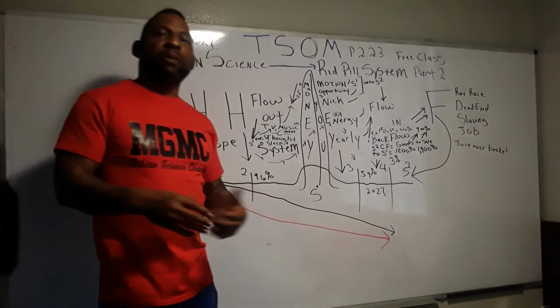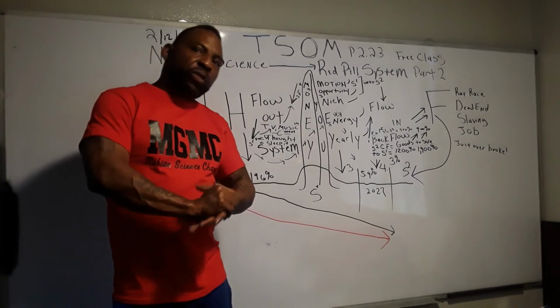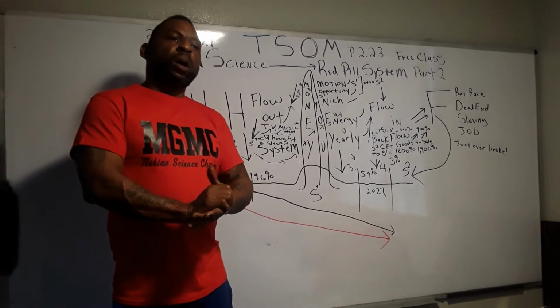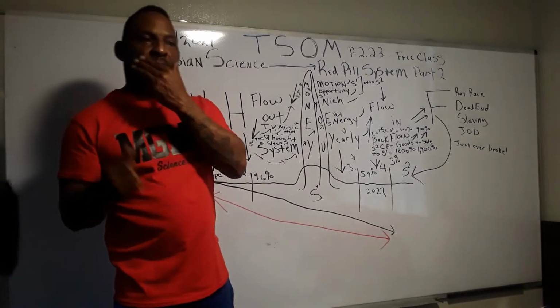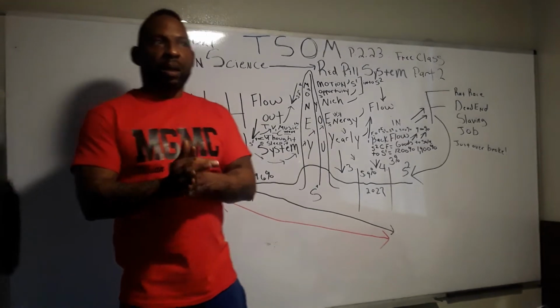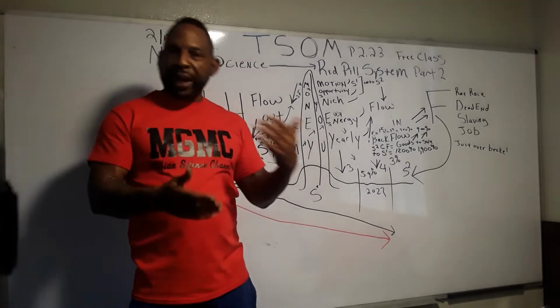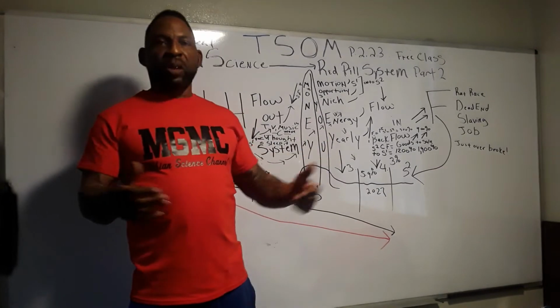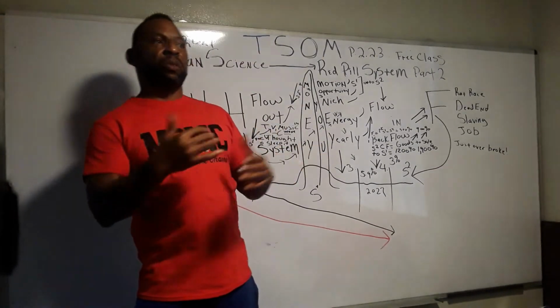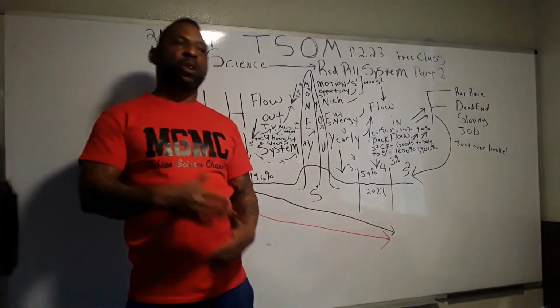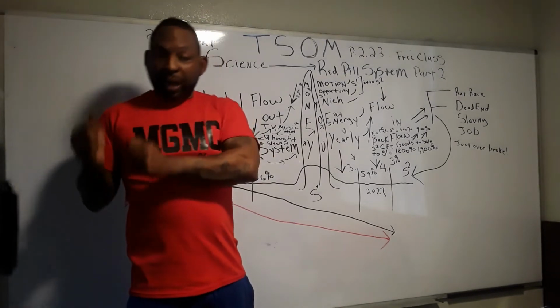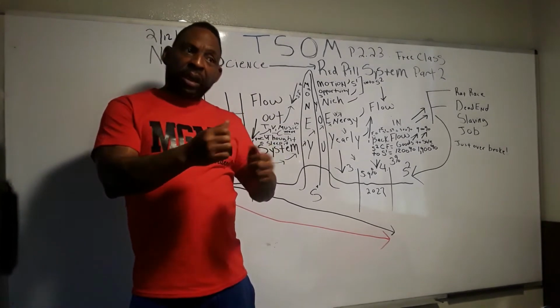You don't have the money to get it because you're not generating a backflow for yourself, nor do you have any plan, like the MGMC, to get you out of the red pill system, to get you on the pathway to the blue side where you can actually have wealth and operating money at the same time.